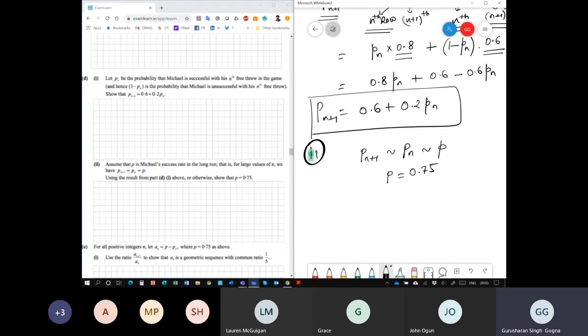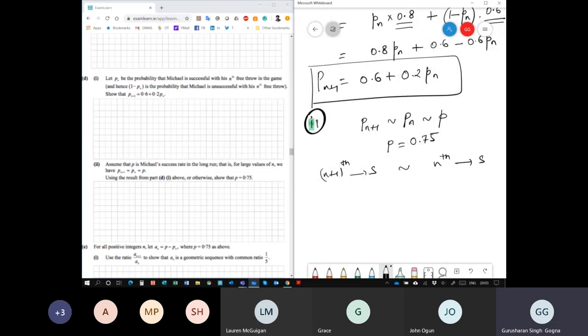So first, what do you mean by Michael's success rate in the long run? Basically they are saying the probability of success for the n plus 1th throw is nearly the same as the probability of success for the nth throw in the long run.